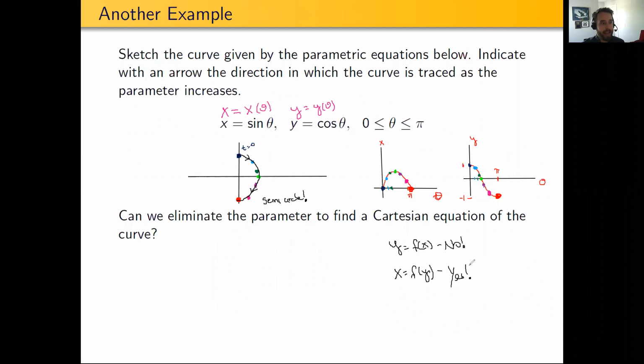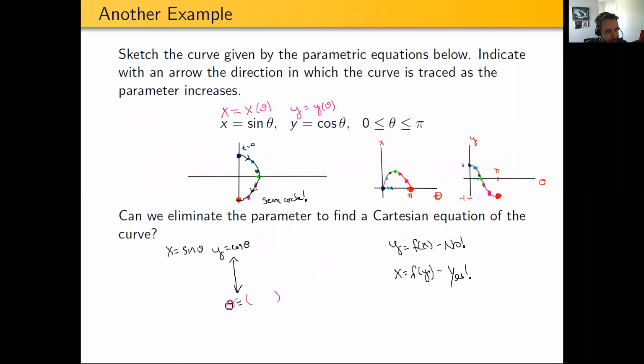So let's see how we can actually do this. We want to play the same game that we did before. I'll bring my 2 expressions down. x equals sine of theta. y equals cosine of theta. Now if my goal is to write x as a function of y, that means I want to re-express this equation and turn it into theta equals some expression involving y.